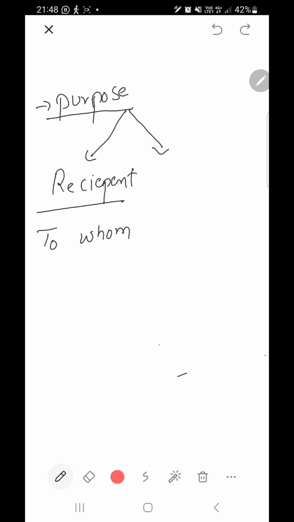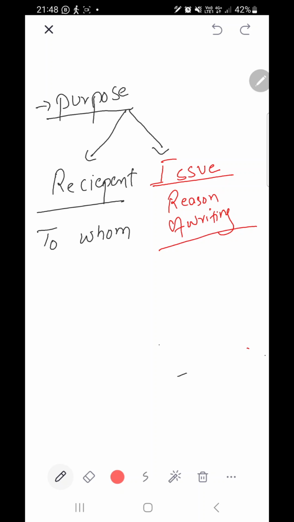The second thing that you need to see is what is the issue? What is the reason for writing? You have to see clearly why I'm writing this letter. So where can we find this purpose of writing?